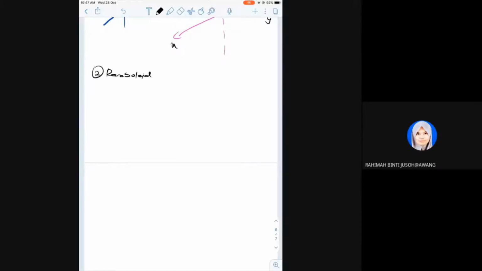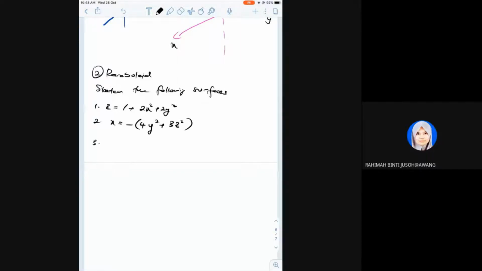Parabolic now. Sketch the following surfaces. Number 1, let's say z equals 1 plus 2x squared plus 2y squared. Number 2, we have x equals negative 4y squared plus 3z squared.